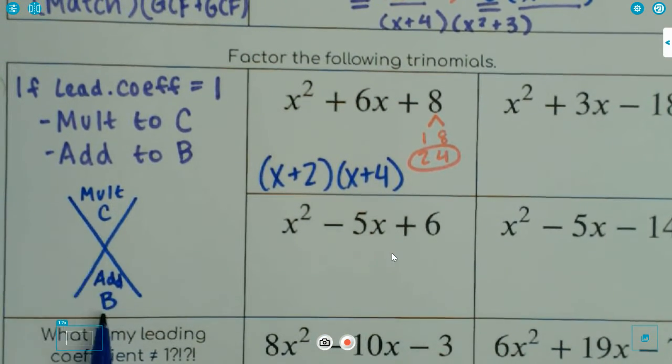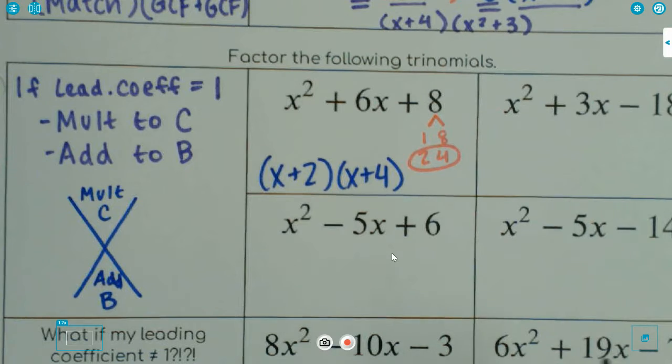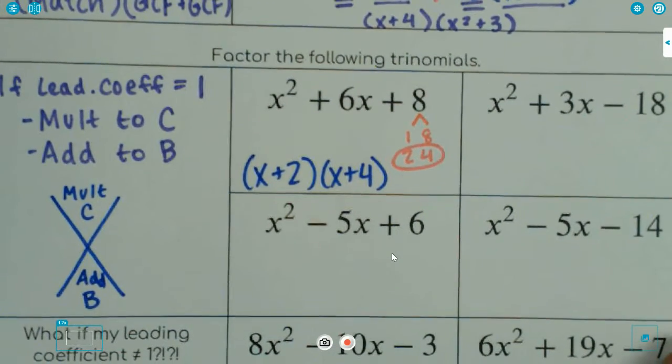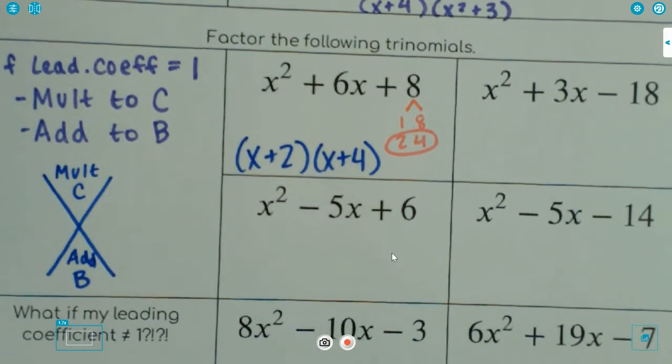So find 2 numbers, multiply to c, add to b, and then you would fill this and this in. So you put 2 and 4, and that's how you would get your answers. I've never been a personal fan of the magic x, but people do like it. And Mr. Garrett likes it a lot, I think. Mr. Garrett coerced me into teaching my Algebra 1 kids it too. And some of them liked it and some of them didn't.